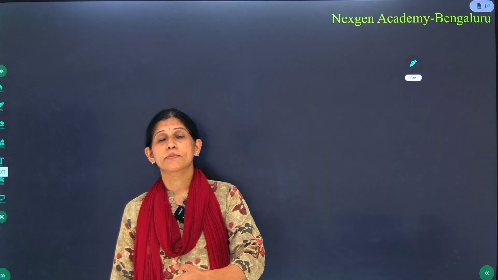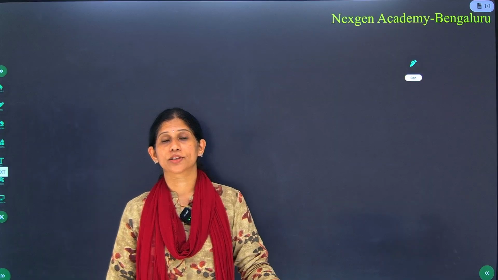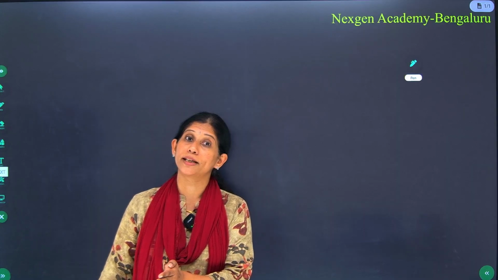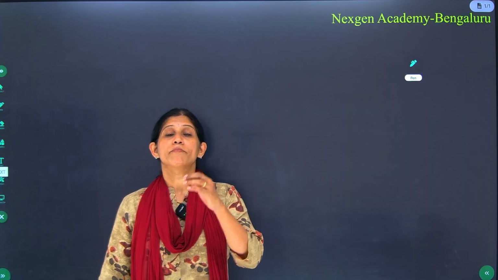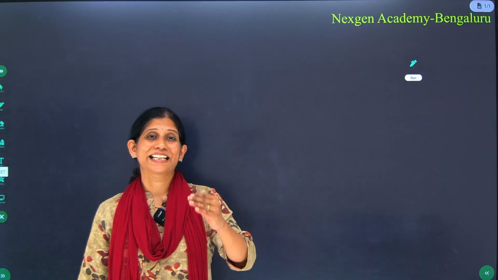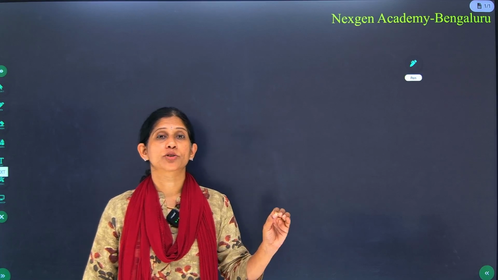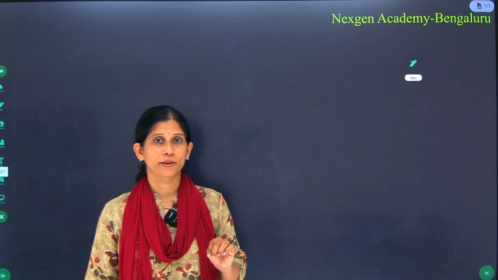This pyruvic acid will directly undergo fermentation or anaerobic respiration. So the similarity between aerobic and anaerobic respiration ends in glycolysis. That is the reason glycolysis is said to be the common step for both, right?